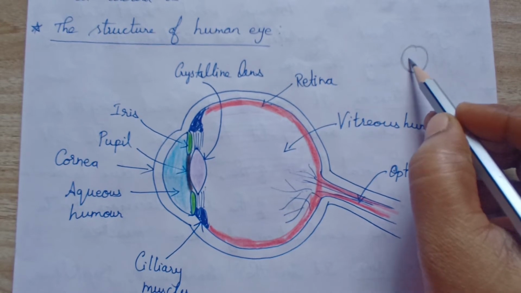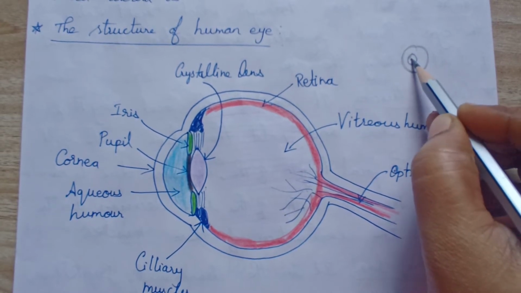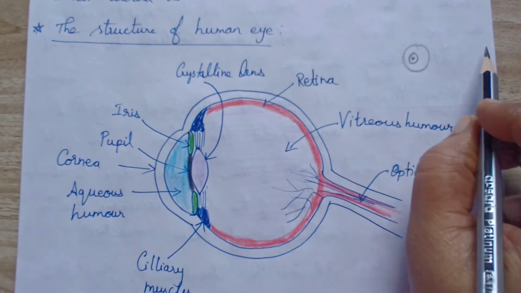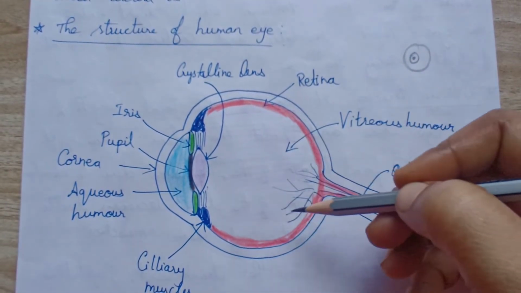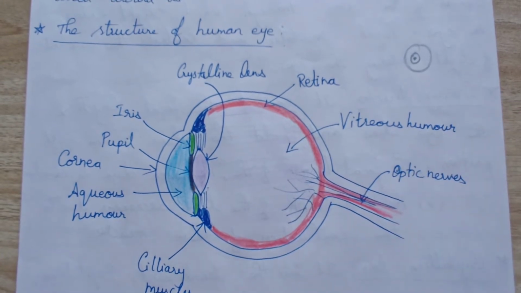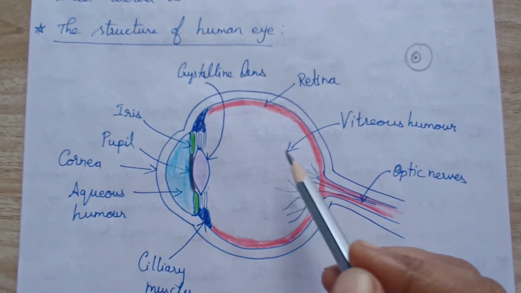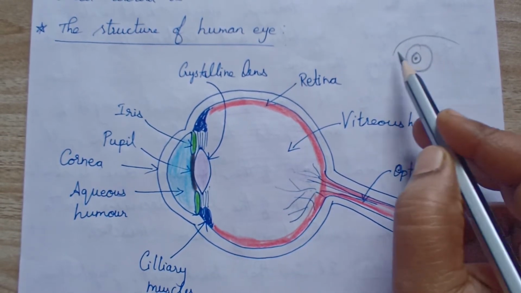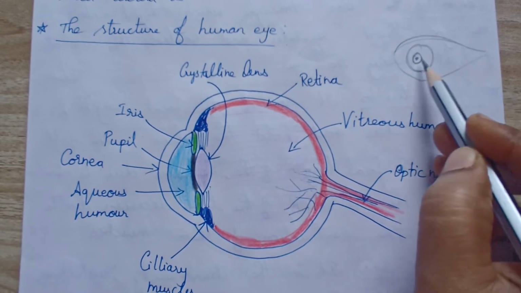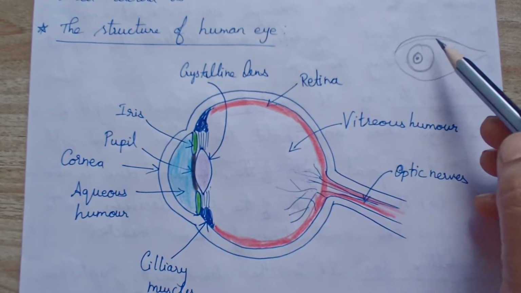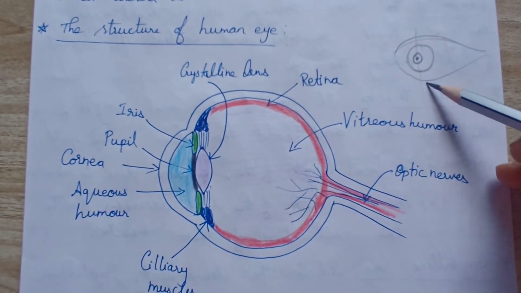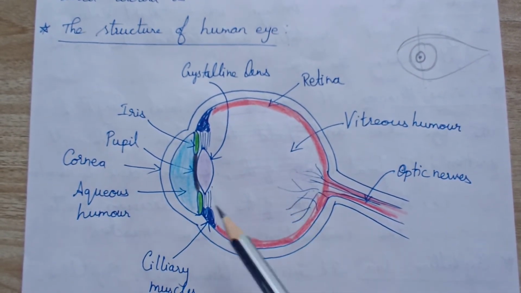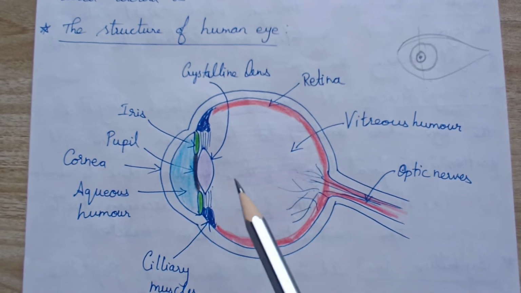In that you will have the iris and the pupil. I've cut it and shown the cross section of the eye, to see what is actually present in it. You can see this bulge outside. So this is the cross section of the human eye.